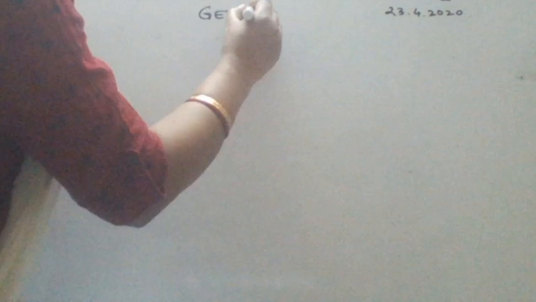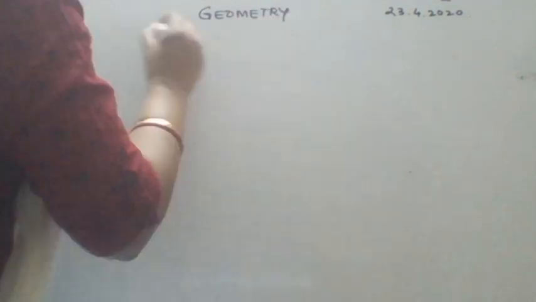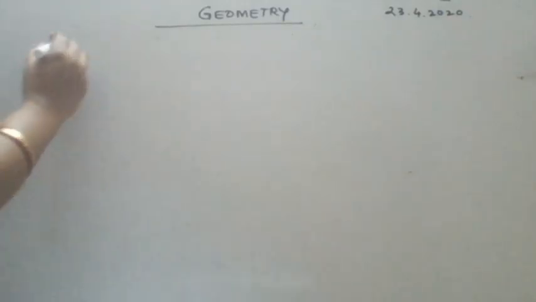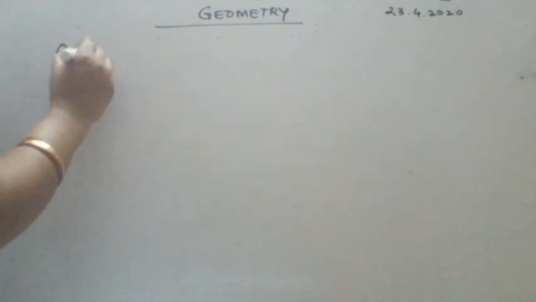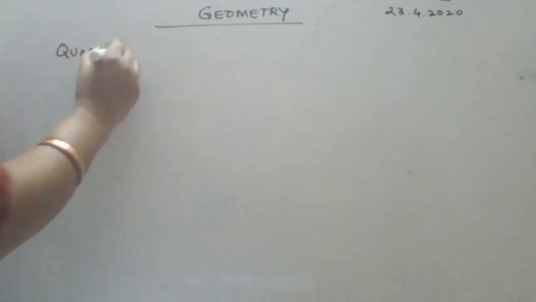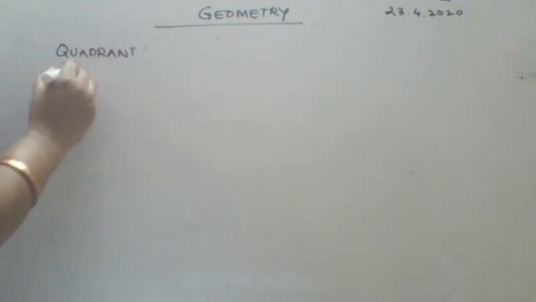Now coordinate geometry. For coordinate geometry, we have come across the keywords, that is quadrant. We have studied quadrant, then you know origin.